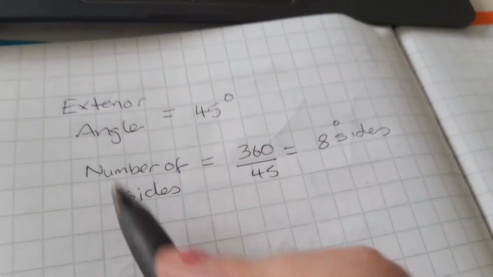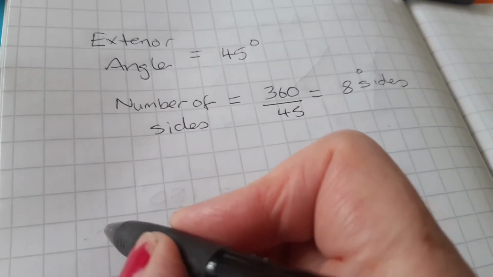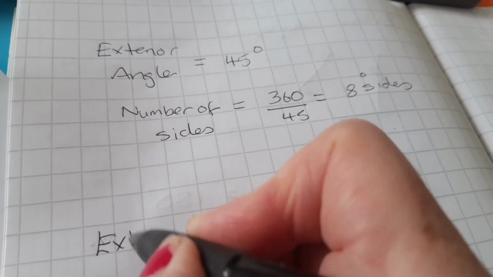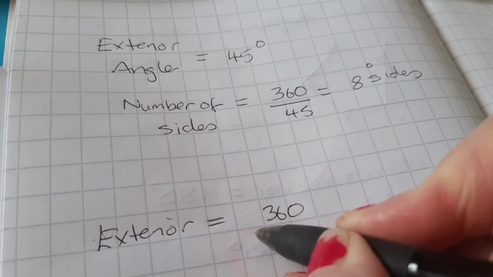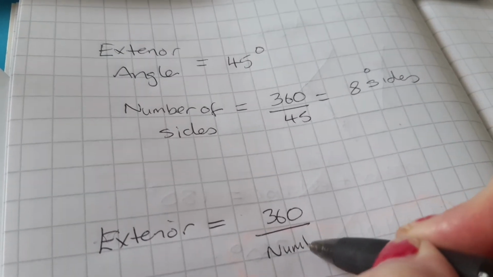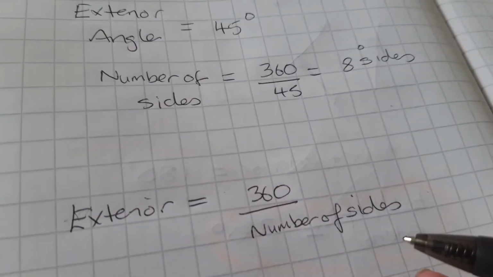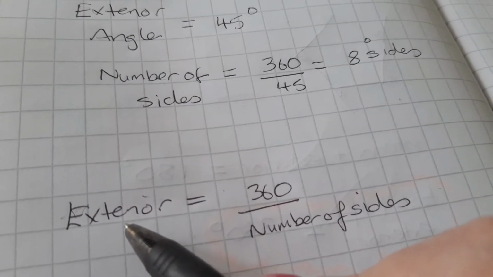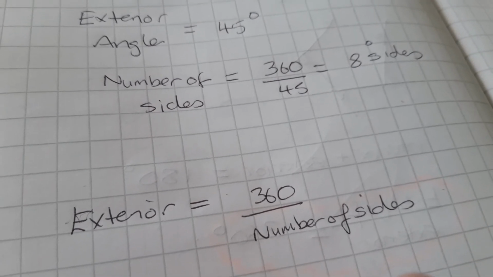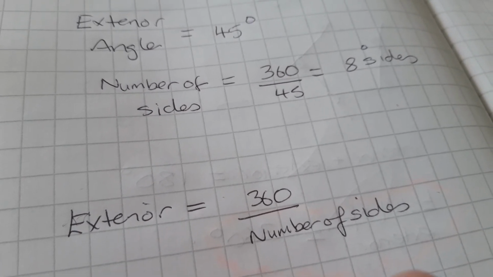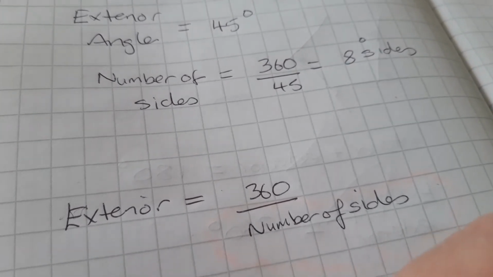Now, we can use this formula the other way around. We can work out the exterior angle by saying 360 divided by the number of sides. And once you know the exterior angle, then you can find the interior angle, and then you can find the total of the interior angles.